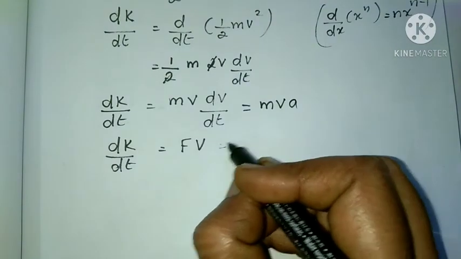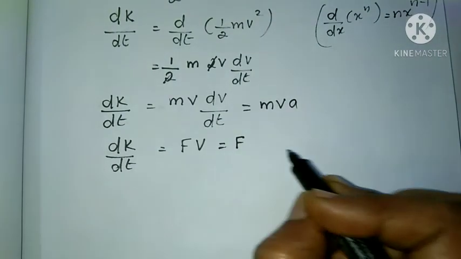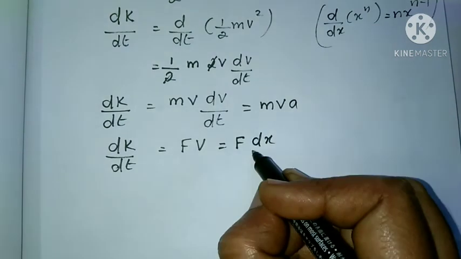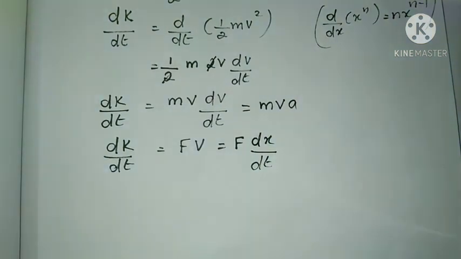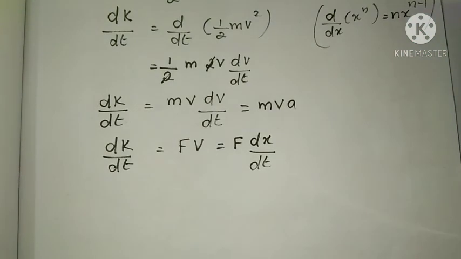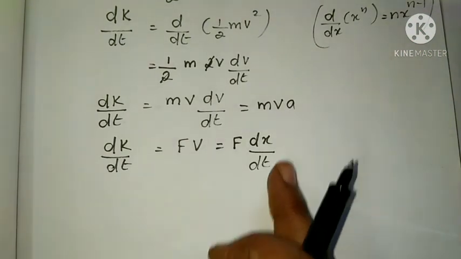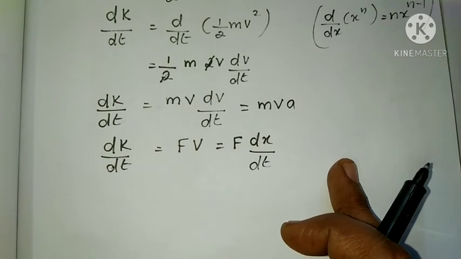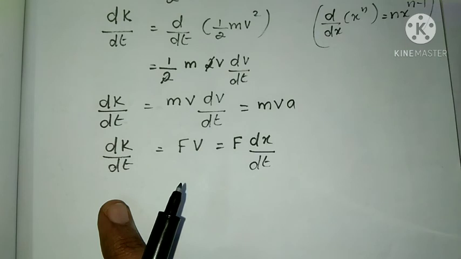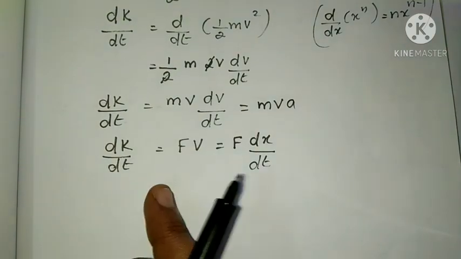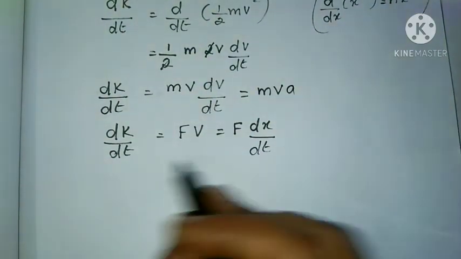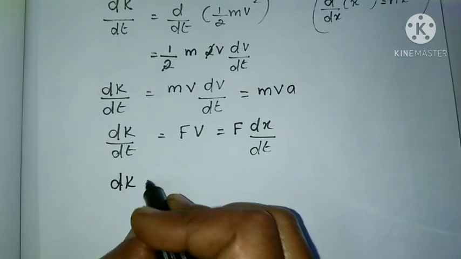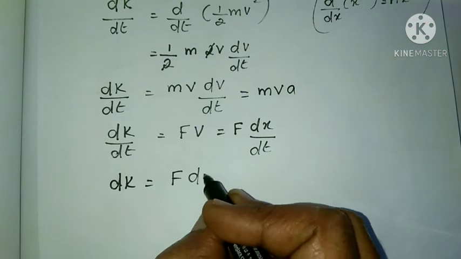So in terms of the displacement, F into dx by dt. When you apply a variable force, the object moves from the initial position xi to xf, so its kinetic energy also changes from the initial kinetic energy Ki to Kf. So here we can cancel this dt. So we can write dK equal to F dx.